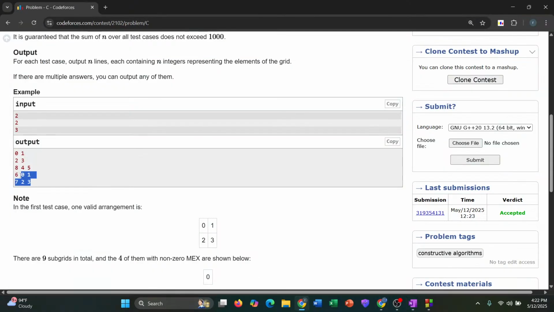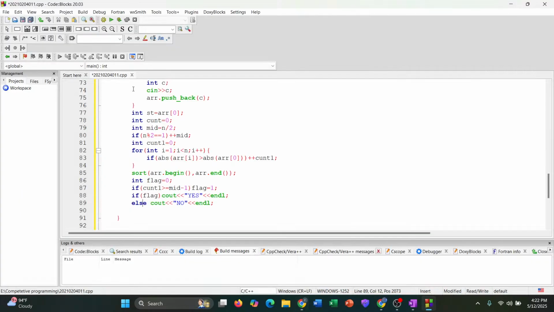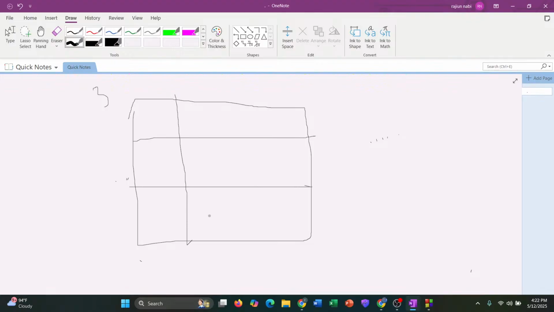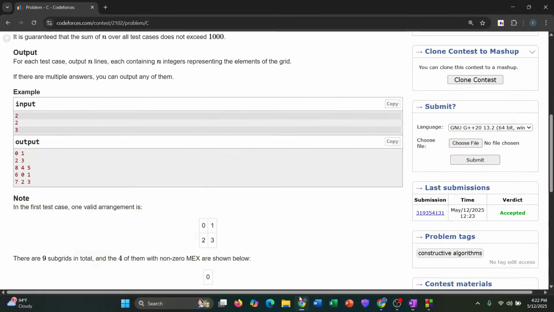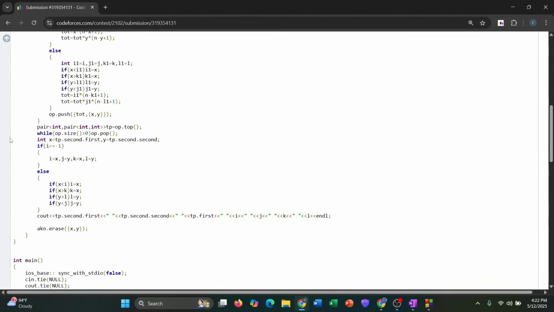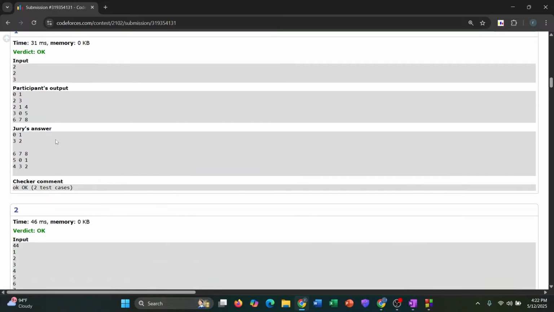So for n equal to 3, a grid of size 3 into 3, it says 0, 1, 2, 3, 4, 5, 6, 7, 8.